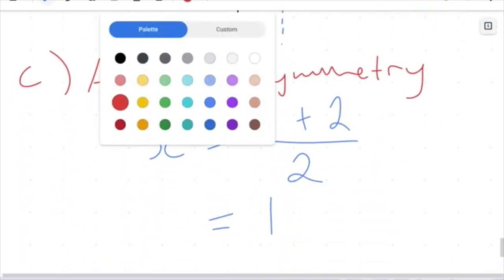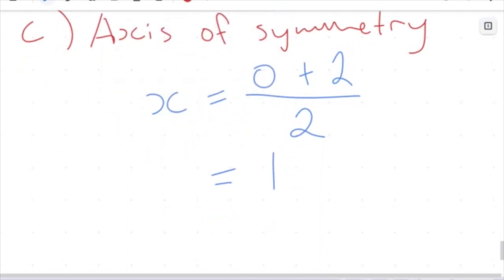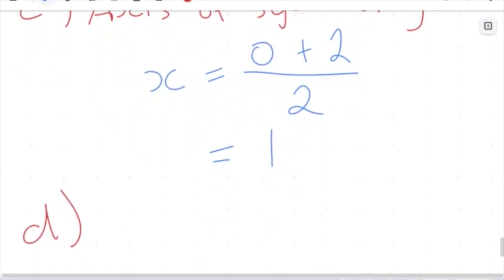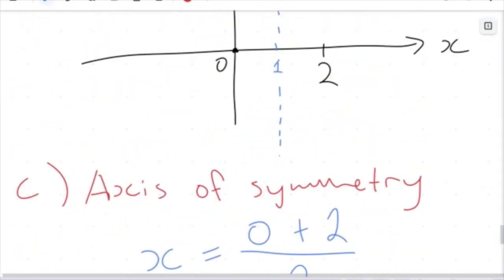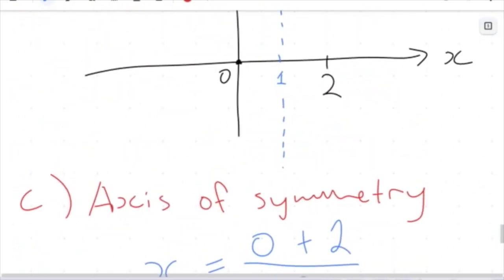Now the next part is I want to find my turning point. Now my turning point, I already know the x coordinate of my turning point, because its x coordinate is always going to be the one right in the middle.